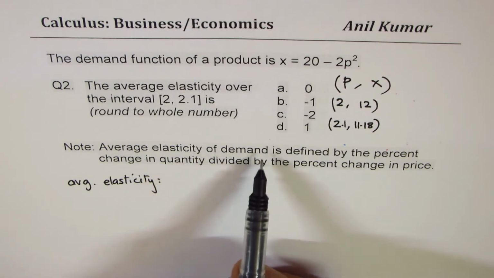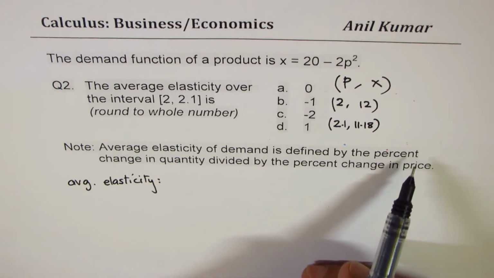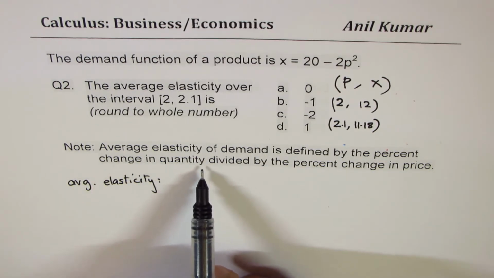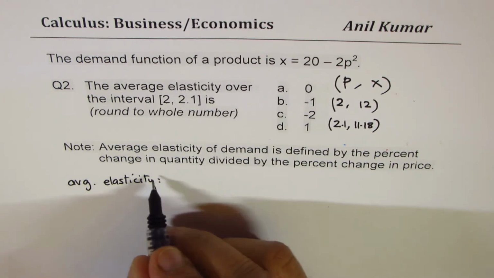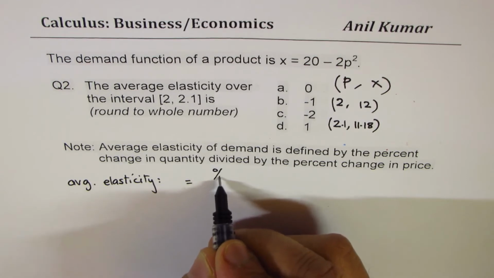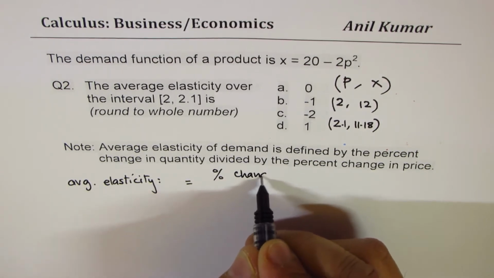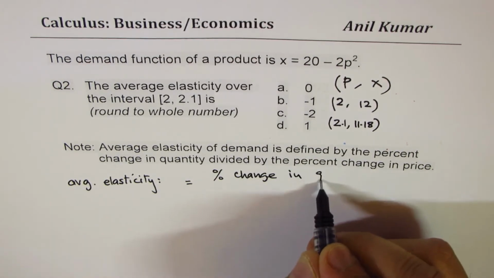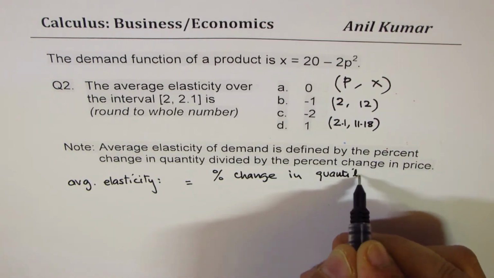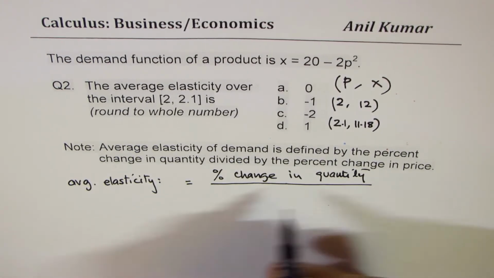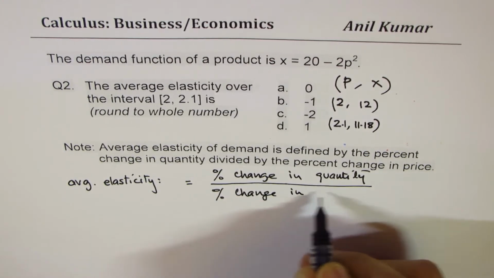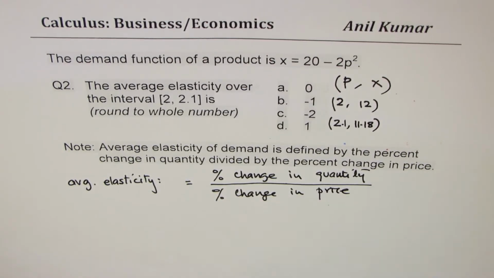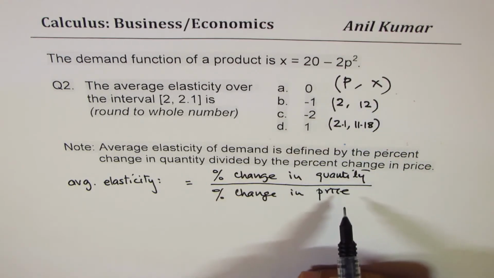Now what is average elasticity? Average elasticity of demand is defined by percent change in quantity divided by percent change in price. So it is equal to percent change in quantity divided by percent change in price, correct? Now what is the percent change in quantity?